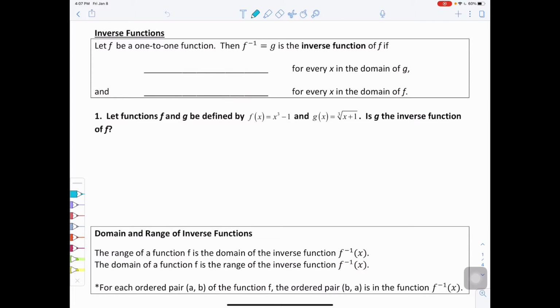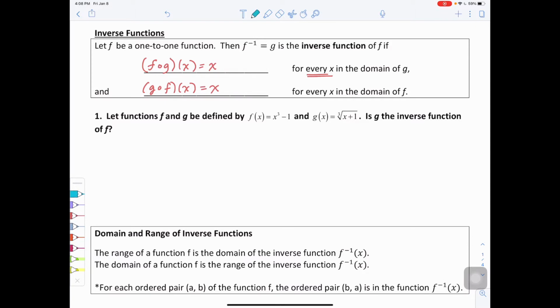Then f inverse equals g is the inverse function of f if f composed with g of x is equal to x for every x in the domain of g, and g composed with f of x is also equal to x for every x in the domain of f.